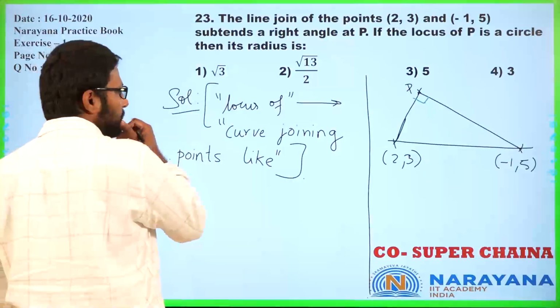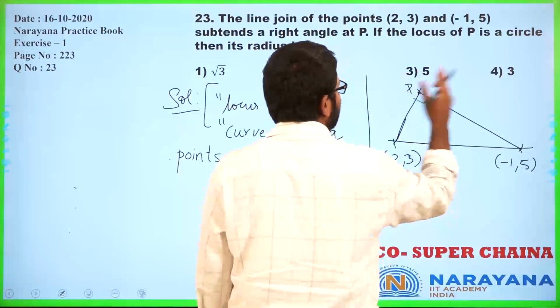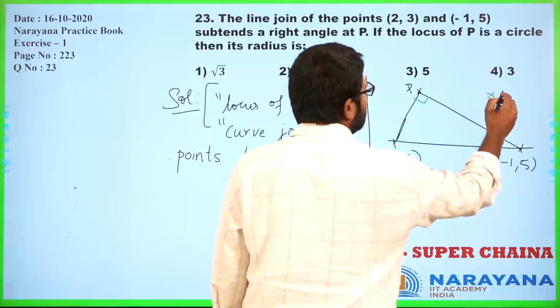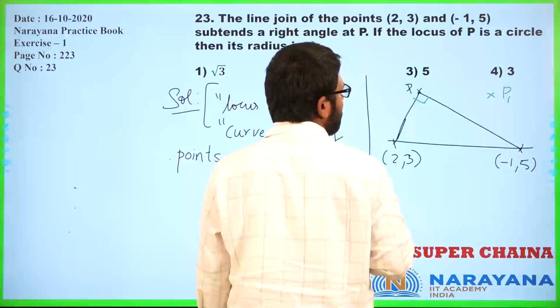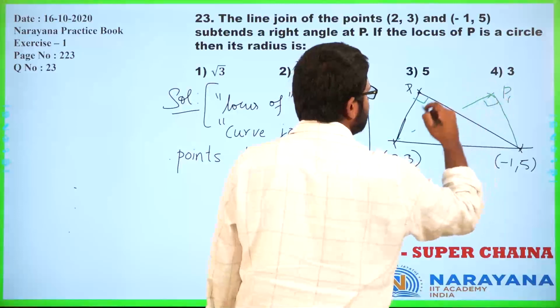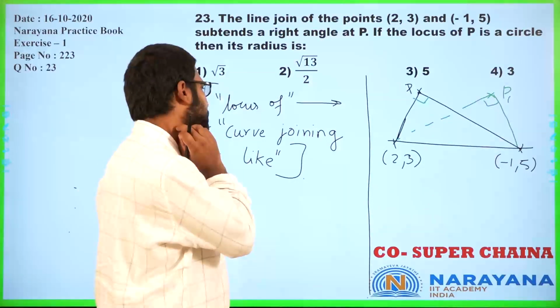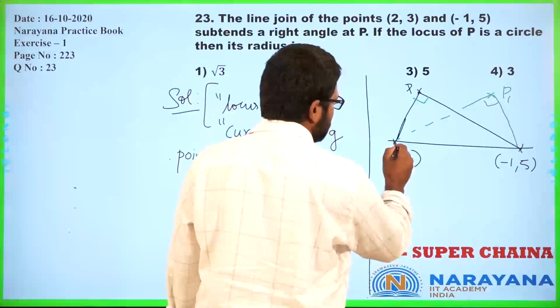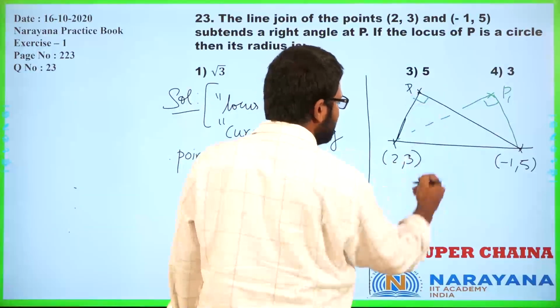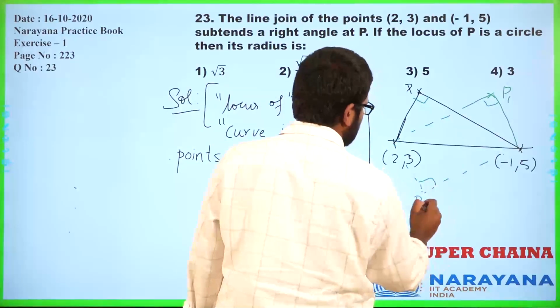Alright, so think of it, see, if I just reflect it somewhere over here, call it P1. Do you realize this one will also be 90 degrees? Where else can I find? Over here also, reflect it down, P2.